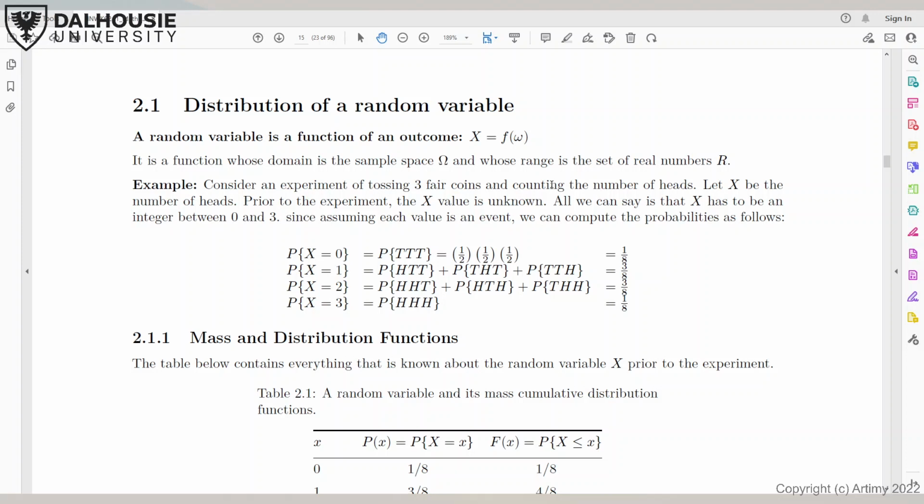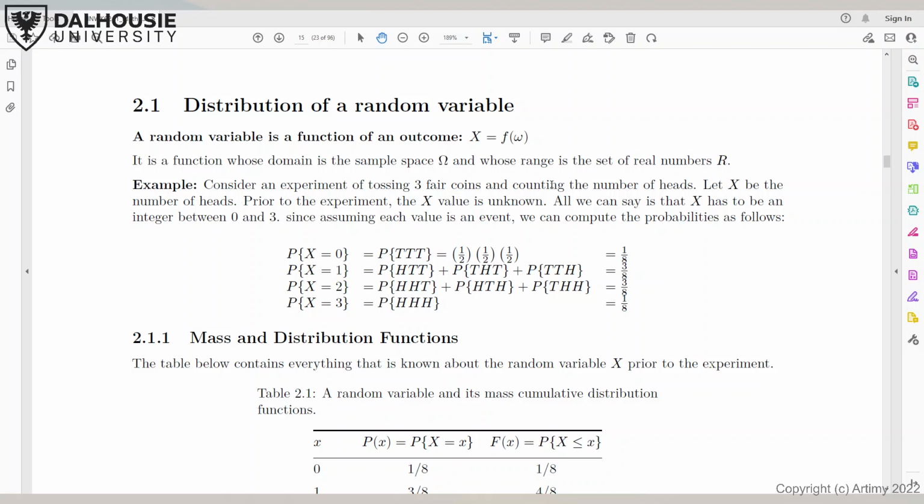In these simple examples, we can find the probability by using the basic principles, the intersections and the union, and we can also apply some of the basics that we talked about.